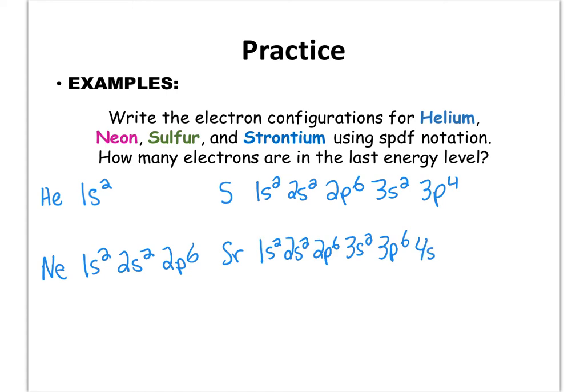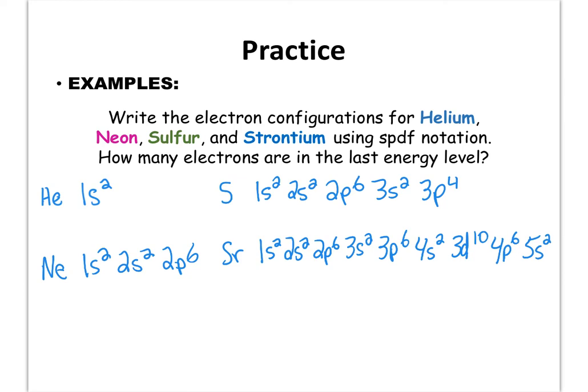So next is the 4s2, then 3d10. Remember, the d sublevel is 1 off, so even though you're in the 4th row, you're in the 3d, but then you're back to the 4p6. That takes you up through element number 36, so you still have 2 more to go to get to strontium. That's going to be your 5s2.